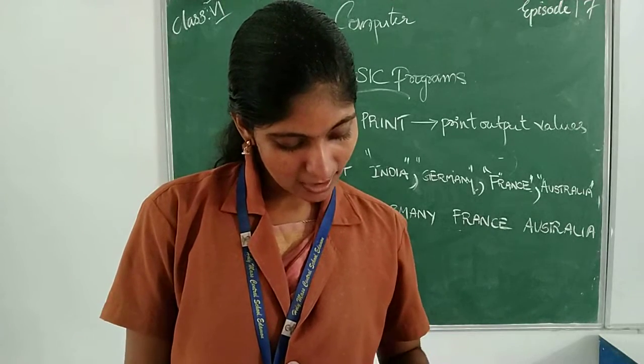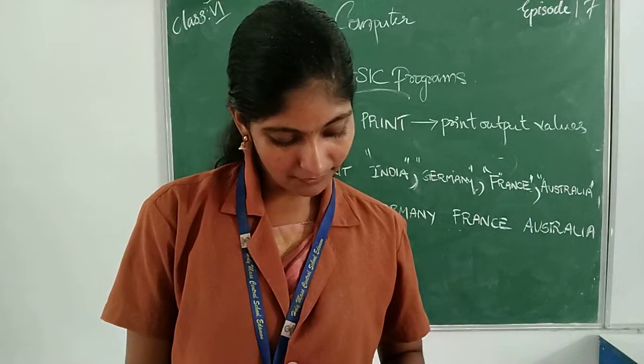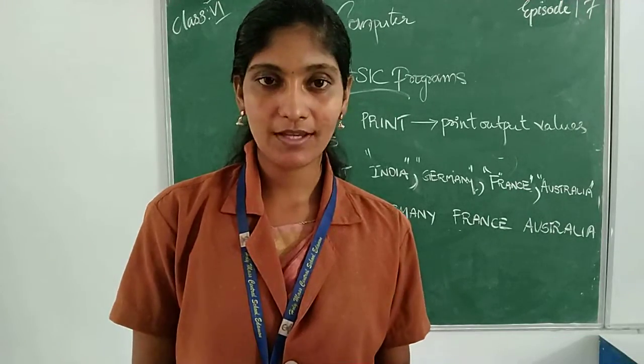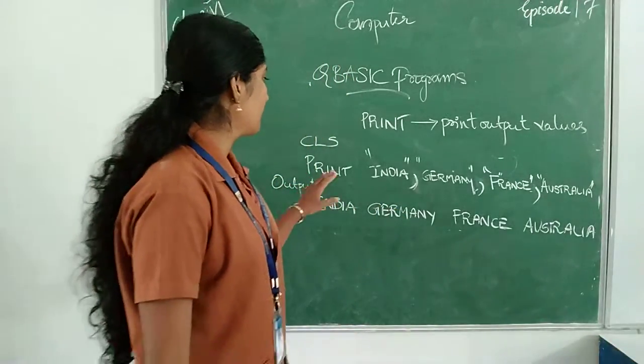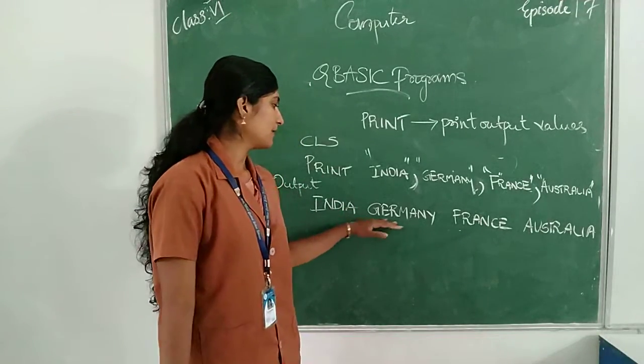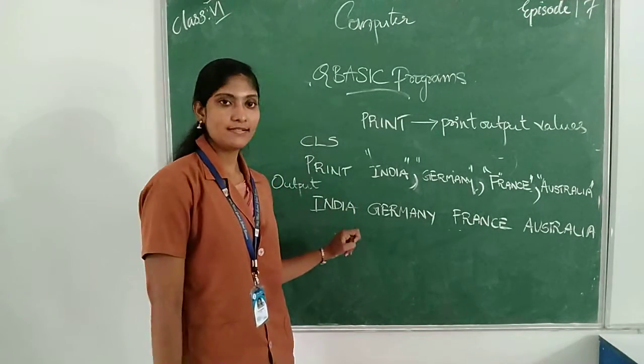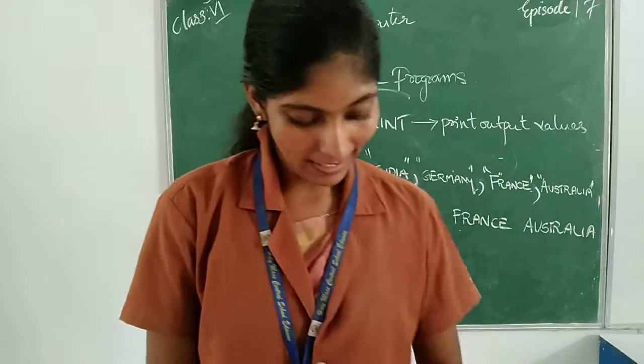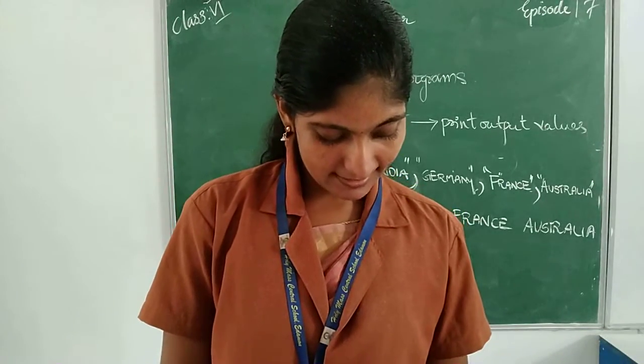Then next is print with the tab of n. Print with the tab of n means printed between one tab. So let's take an example.